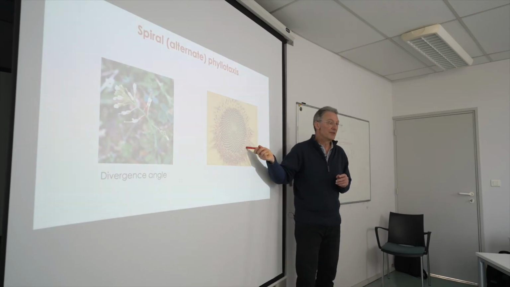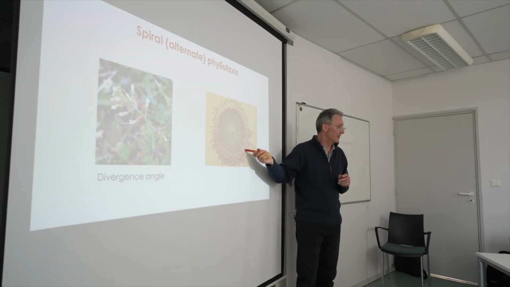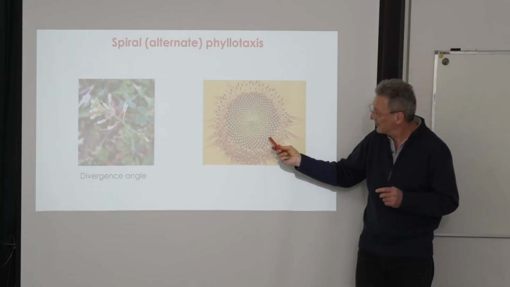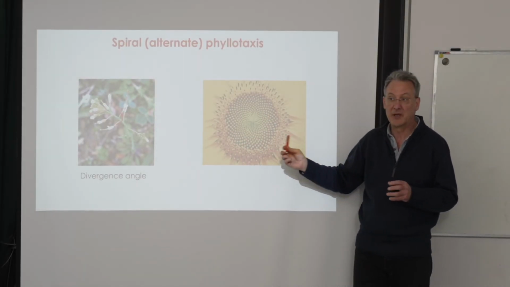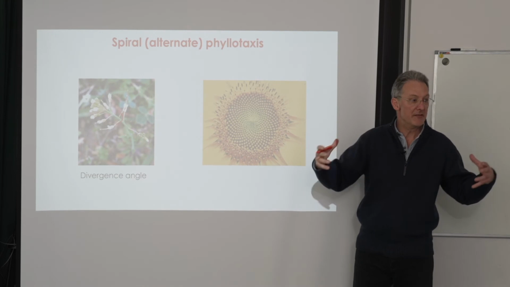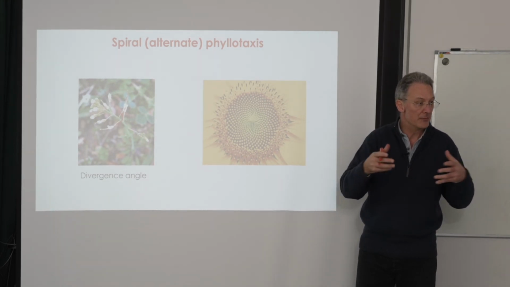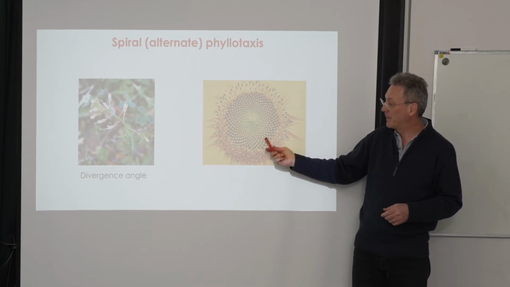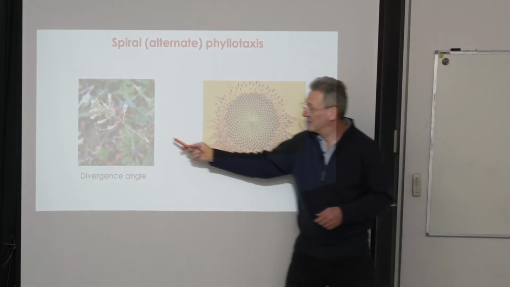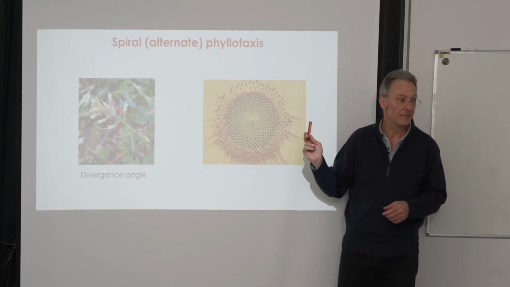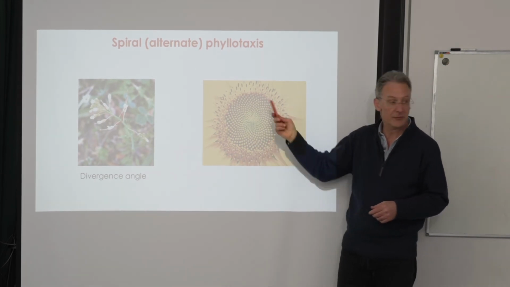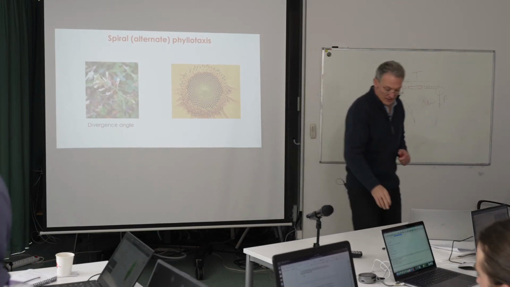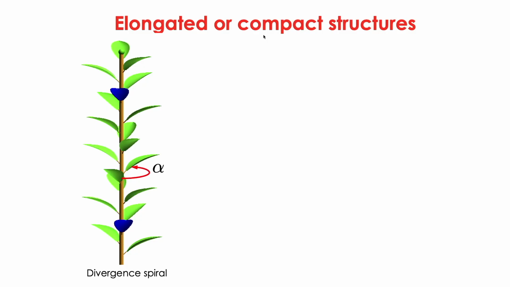But on the sunflower, which is an inflorescence, actually a lot of small flowers attached to the same receptacle, you cannot see the angle between two consecutive organs, and this is why it makes these beautiful spirals.